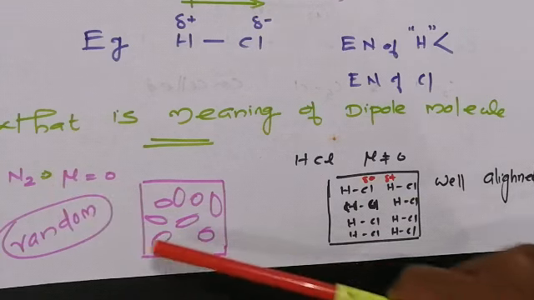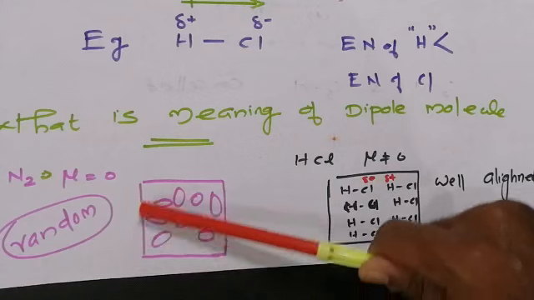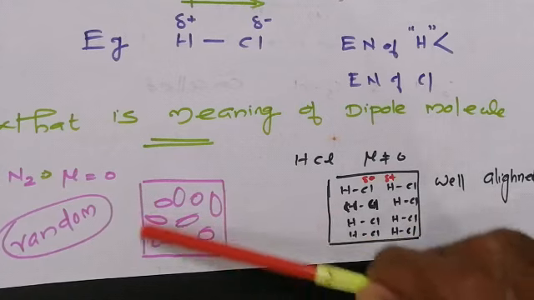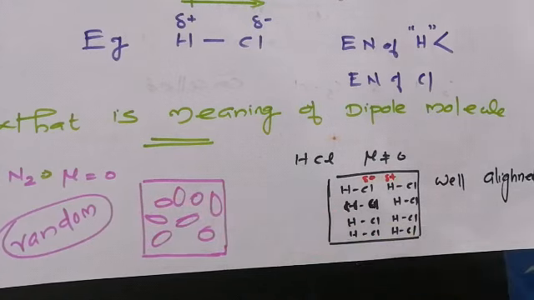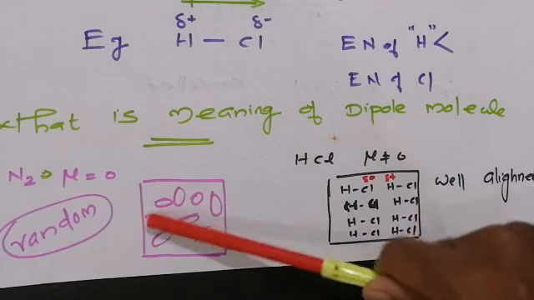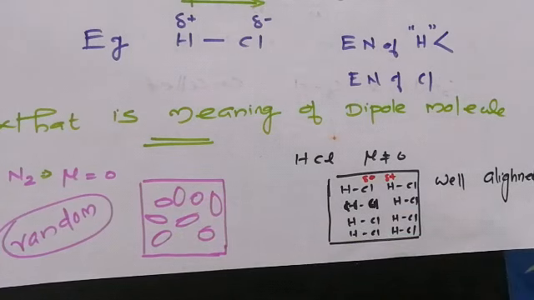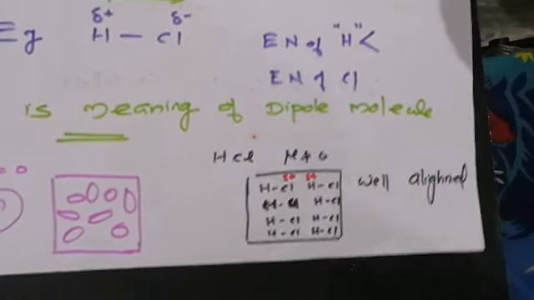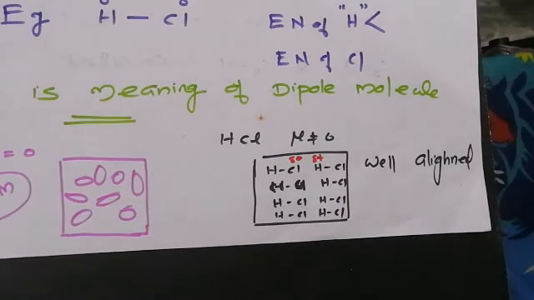Now, what happens when you take a zero dipole molecule like nitrogen in a container? They will orient randomly. But take the HCl molecule, which has a non-zero dipole moment. There is a negative part, chlorine, and a positive part, hydrogen. Such molecules are called polar molecules.